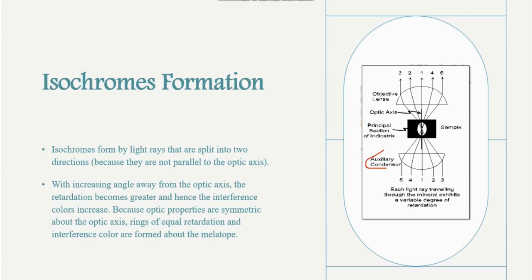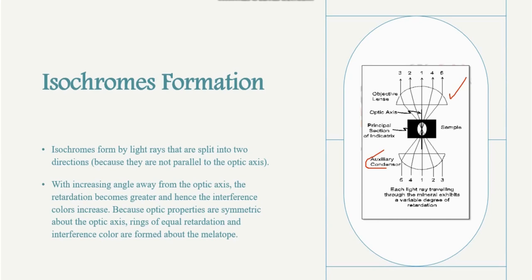After converging, the light passes through the mineral, and then this light is collected by the objective lens. So the auxiliary condenser lens helps us converge the light, the light passes through the sample, and then it is collected by the objective lens.